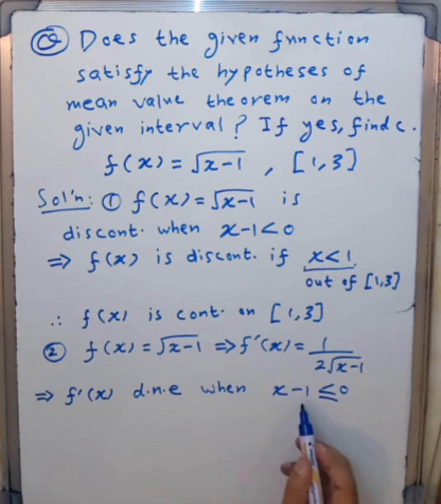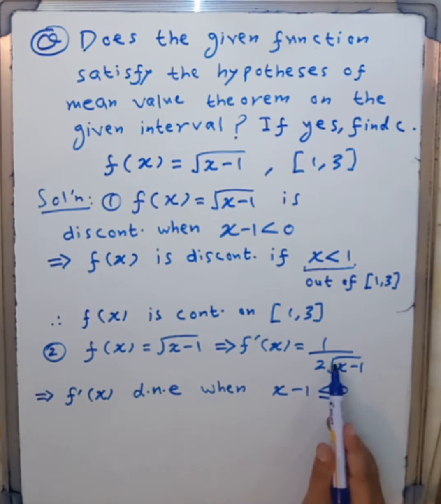If x minus 1 is less than 0, f prime will contain the square root of a negative number, and the square root of a negative number is not defined in real numbers. Second point, if x minus 1 is equal to 0, f prime will contain the denominator as 0. f prime will become 1 divided by 0, and we know that division by 0 is not defined.